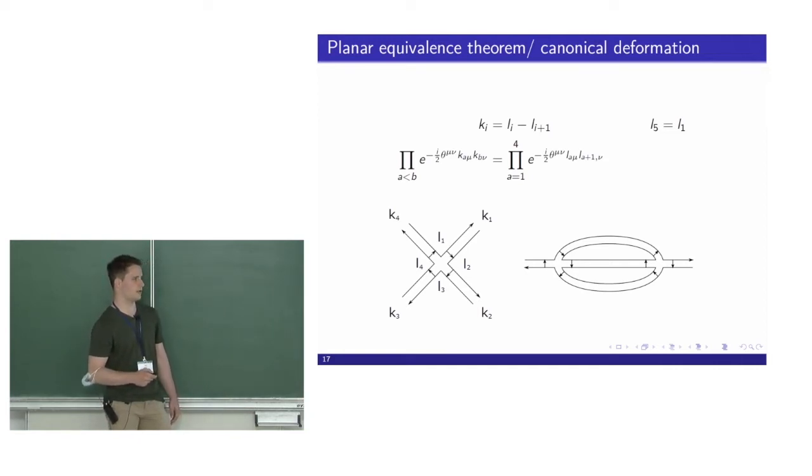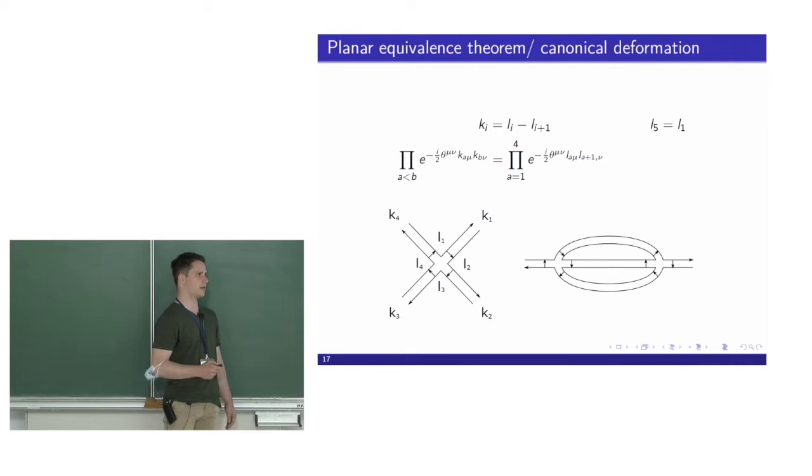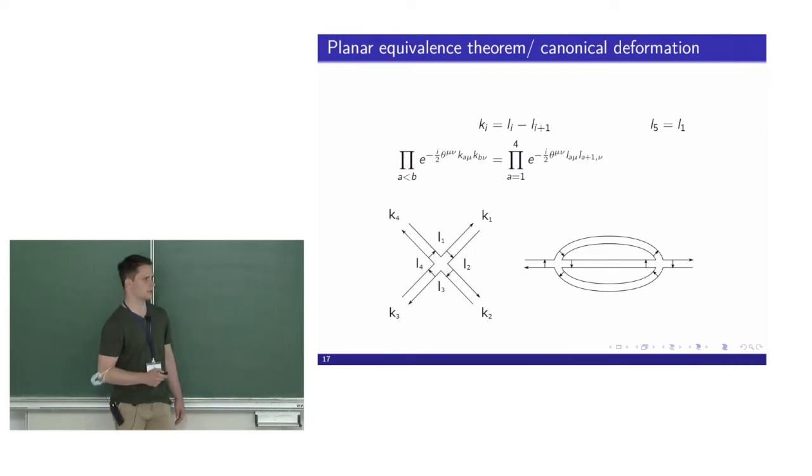So for every external leg for this interaction, we draw these doubled lines where we have one outgoing and one incoming momentum. And for these exponentials here, we draw these arrows pointing from the outgoing to the ingoing momentum for each of these vertices. So these little arrows here always go clockwise.